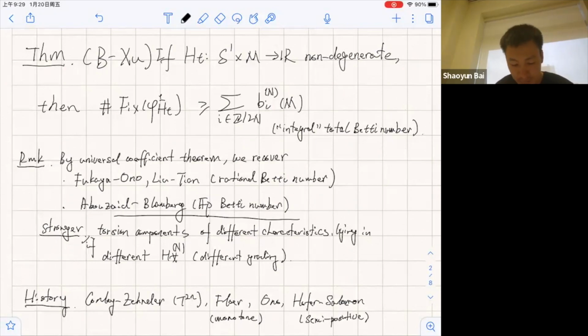Then there's the work of Kaoru Ono, Fukaya, Tian Liu, etc., using virtual techniques to prove such an estimate for general symplectic manifolds, but with rational Betti numbers on the right-hand side. And of course, as mentioned before, there's the work of Abouzaid-Blumberg. And here's the state of the art of this conjecture, at least for the non-degenerate version.